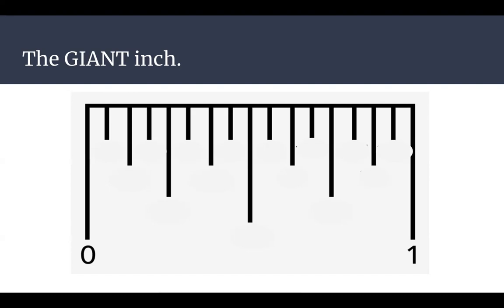All right, so what you are looking at is one singular inch. I call it the giant inch because I blow it up really big on the board, and it's not to scale. Some very common things we know are that there are 12 inches in 1 foot, and that there are 16 parts within 1 inch.